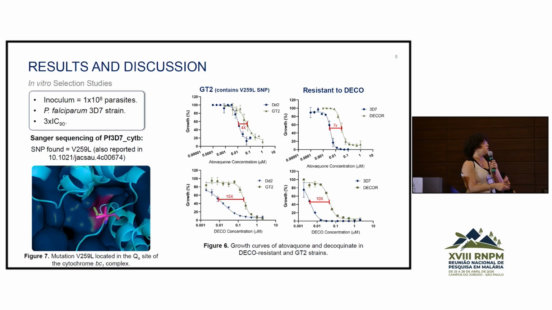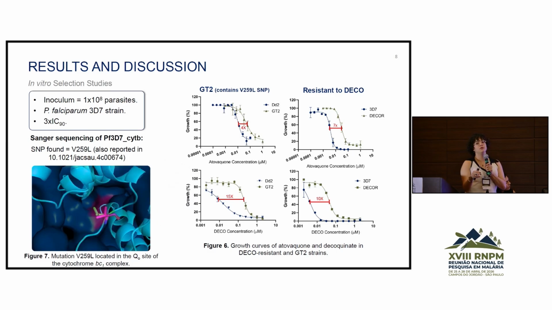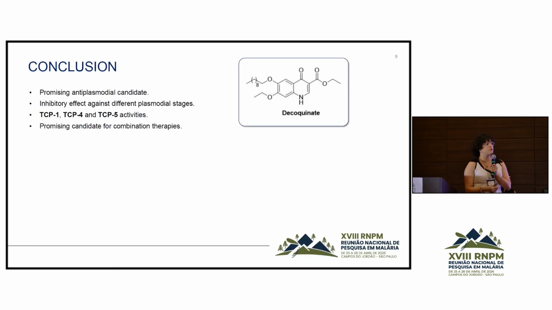We are able to see a shift in the IC50 values, but the shifts are slightly different. Last, in figure number 7, we are showing the place of the mutation at cytochrome B, the site of this gene. So as a conclusion, this compound is a promising antiplasmodial candidate.